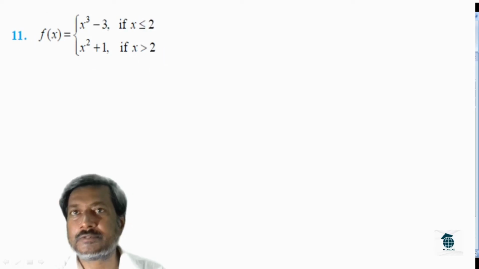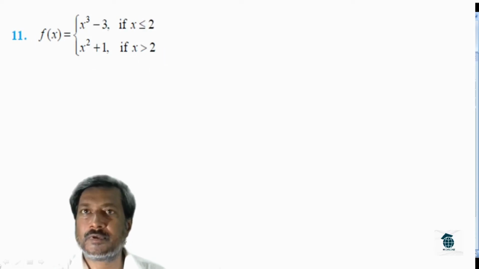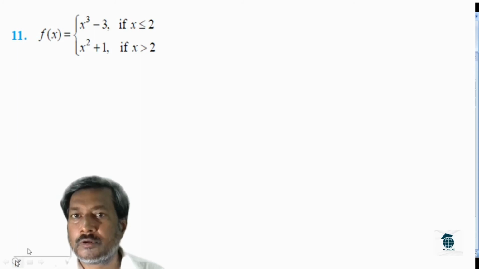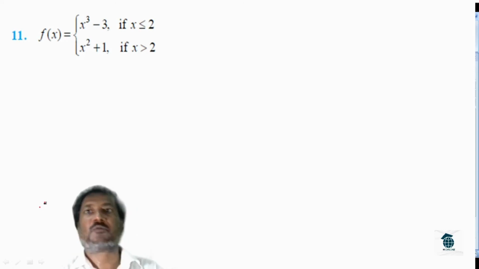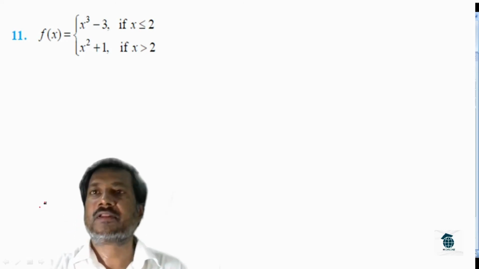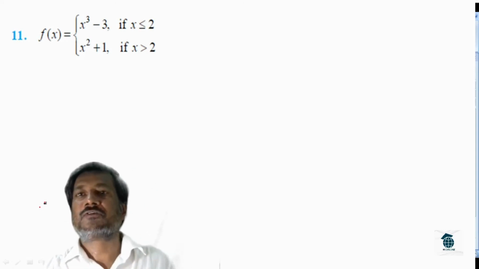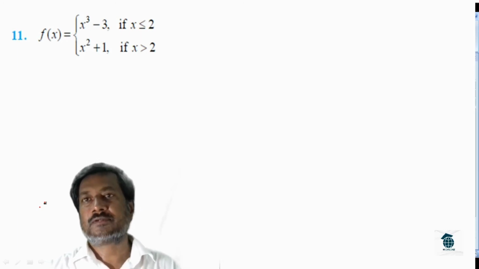So consider this problem: f(x) equal to x cube minus 3 if x less than or equal to 2, and f(x) equal to x square plus 1 if x greater than 2.